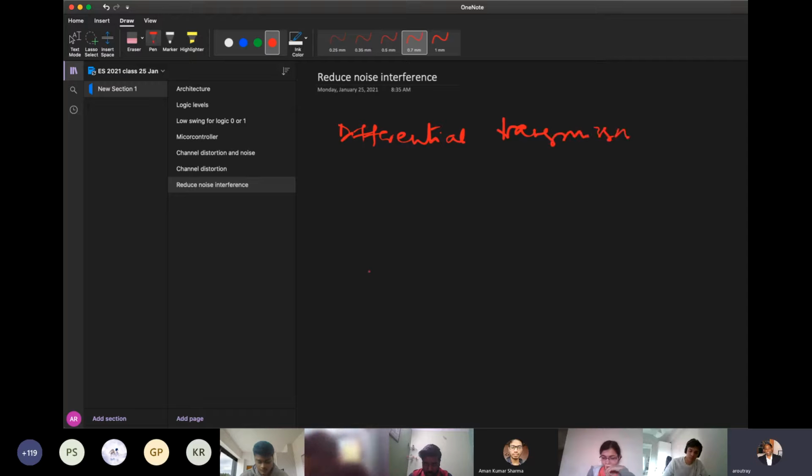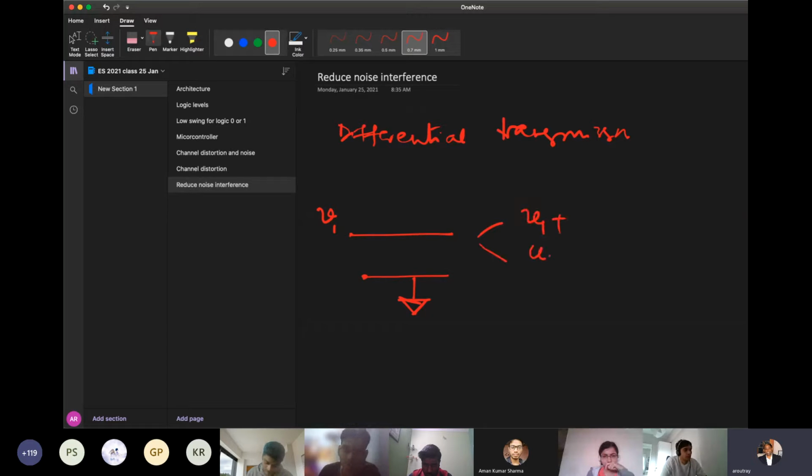What is differential transmission? This is the common ground. Suppose you want to send a signal V1, you convert it into differential. That means it will be converted into differential by using ground, V1 plus and V1 minus. Similarly, you send a signal V2, which will be converted into V2 plus and V2 minus.